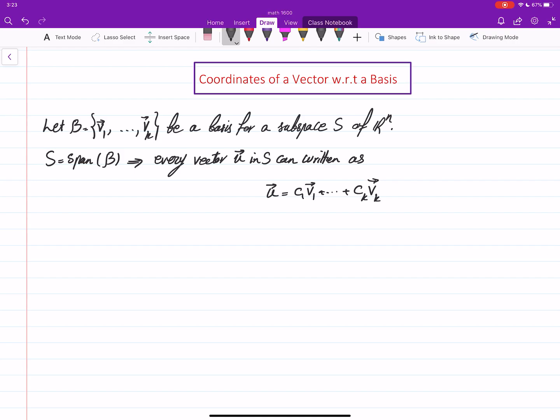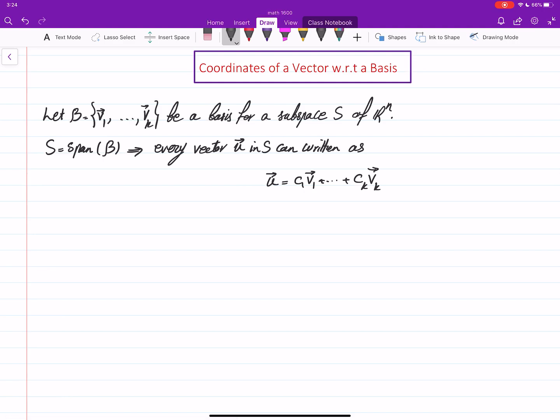Very nice. But is this the only way we can write this vector as a linear combination of v1 up to vk? Is there any vector in S that you can write in more than one way as a linear combination of v1 up to vk? Well, let's see.